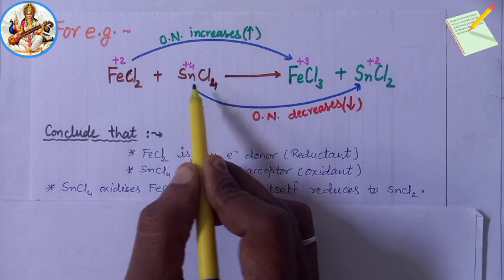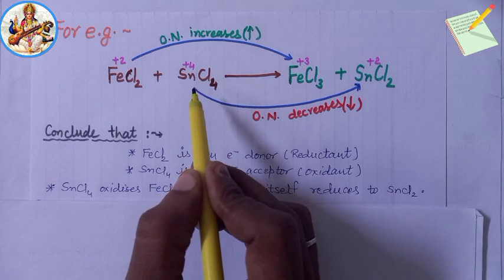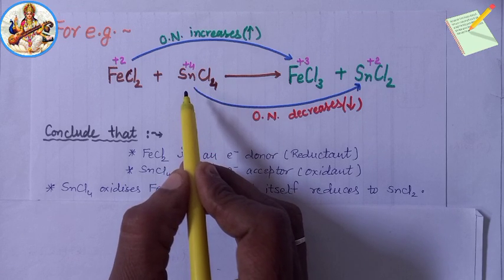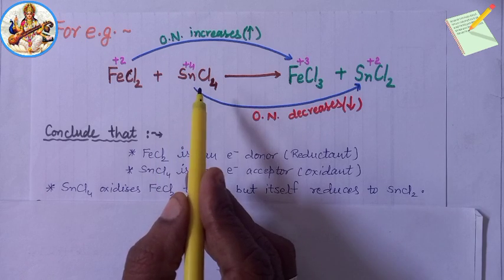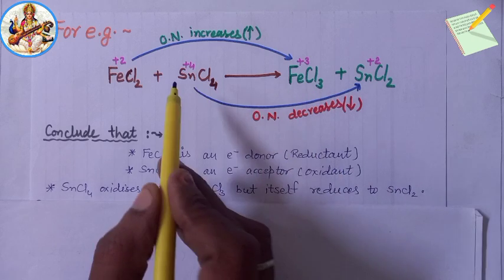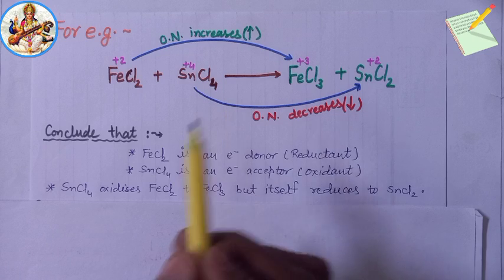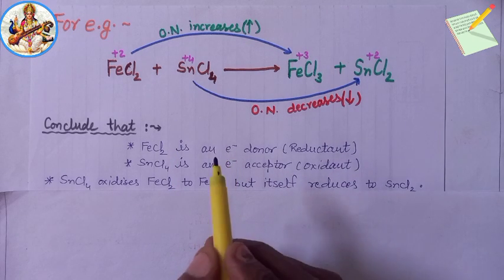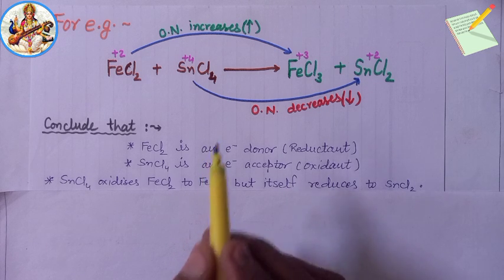So, we can say that stannic chloride is the oxidant in the reaction. SnCl4 oxidizes FeCl2 into FeCl3, but itself is reduced to stannous chloride. Very important. Now we learn some basic tricks to identify oxidants and reductants.